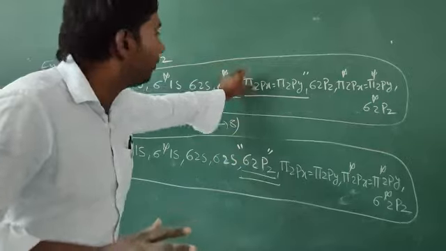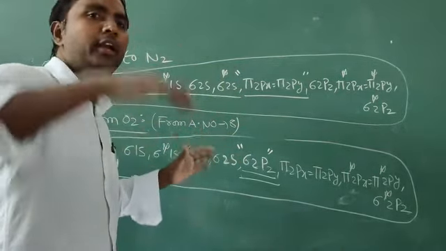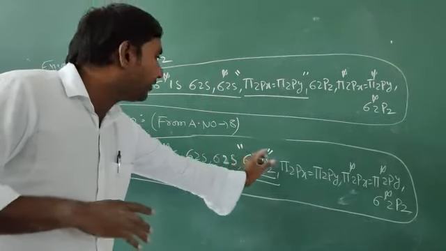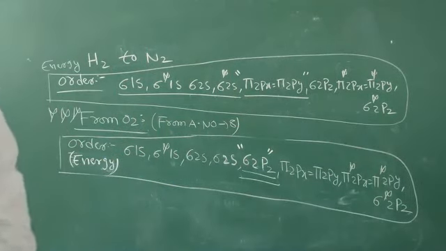Up to nitrogen, there is one type of energy order. From oxygen, fluorine, and other compounds, there is a different energy order. Okay, students. Thank you.